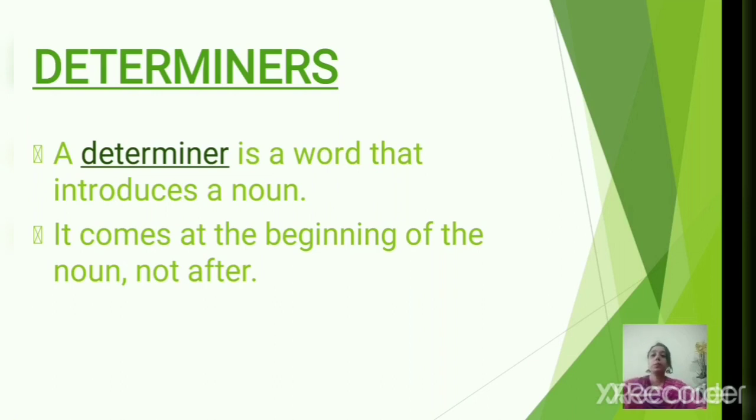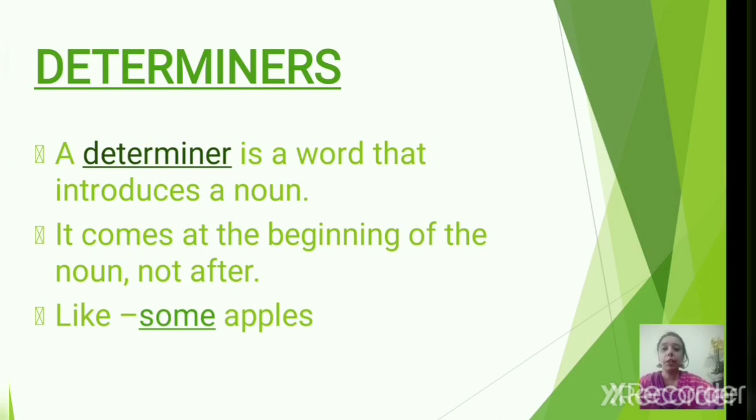Suppose, some apples. Some is what? Determiner. And apples is a noun. First comes some, then after that the noun. So that's the reason we are telling you it comes at the beginning of the noun, not after.